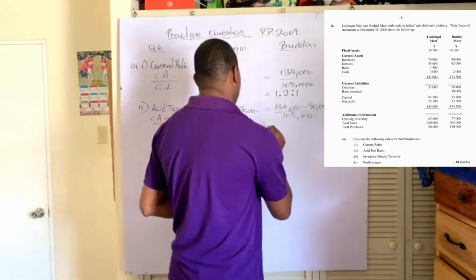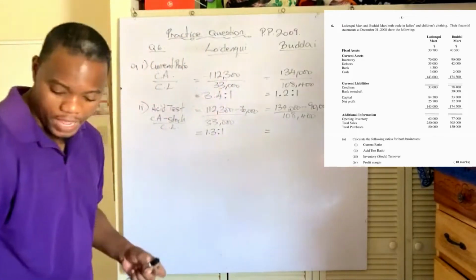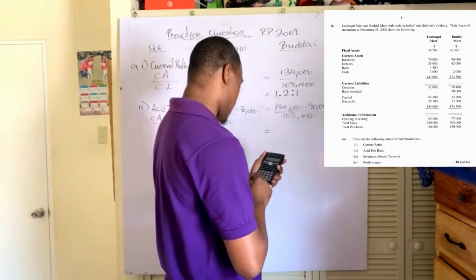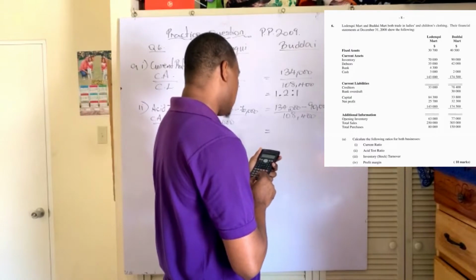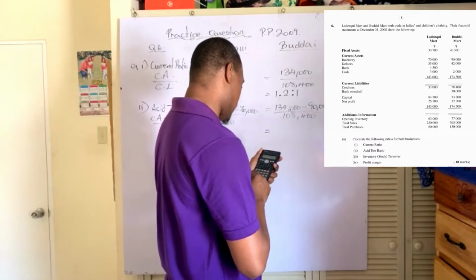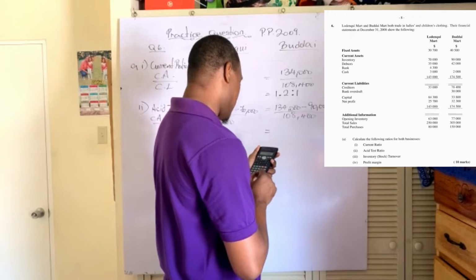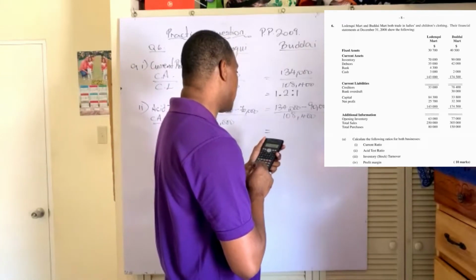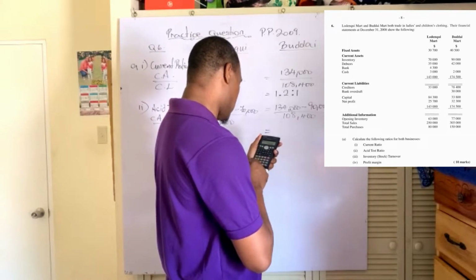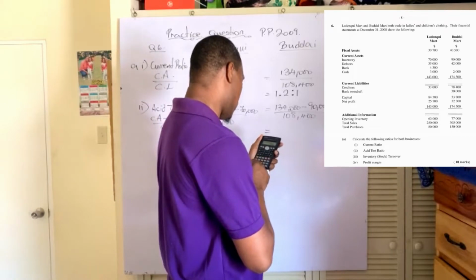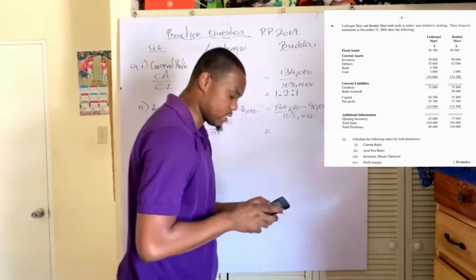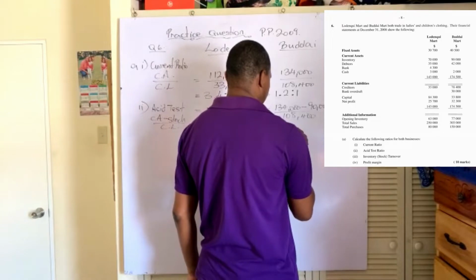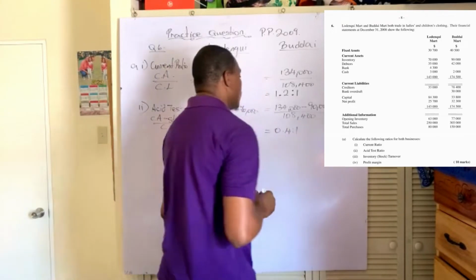And Budai now is 134,000 minus 90,000 equals 44,000 divided by 108,400, and that gives us 0.4, 0.421.